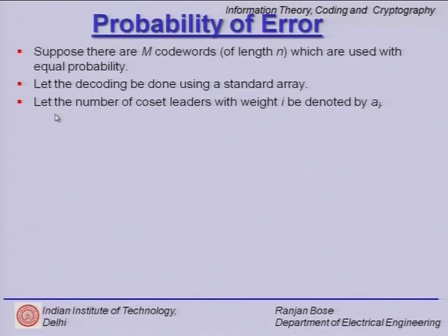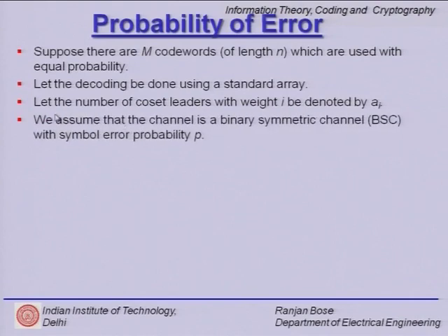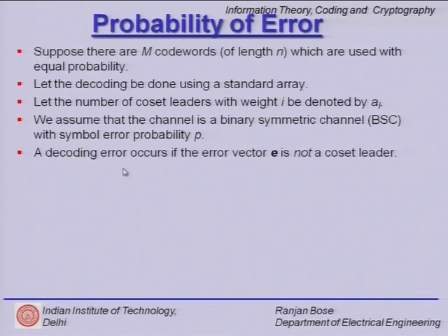Let the number of coset leaders with weight i be denoted by a_i. We assume that there is a binary symmetric channel with symbol error probability small p. So a decoding error occurs if the error vector is not a coset leader, because that is how we defined error correction based on standard arrays: the coset leader is designated as that error, and we correct for that error.